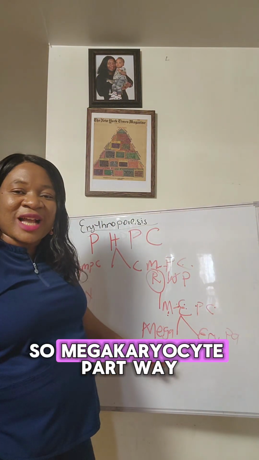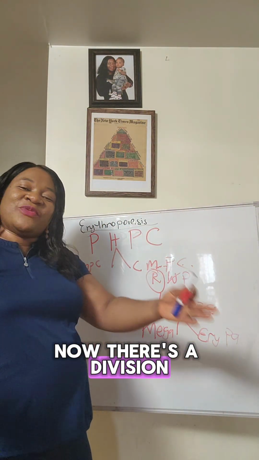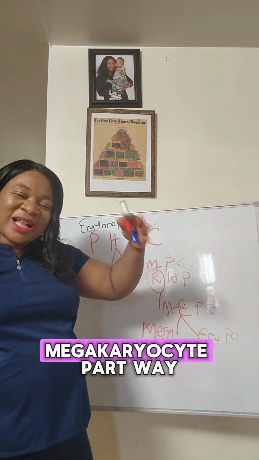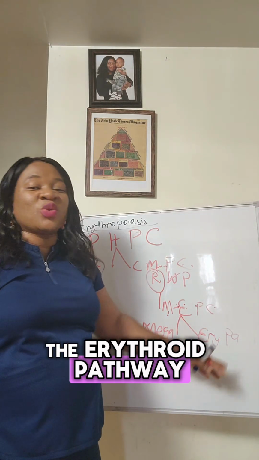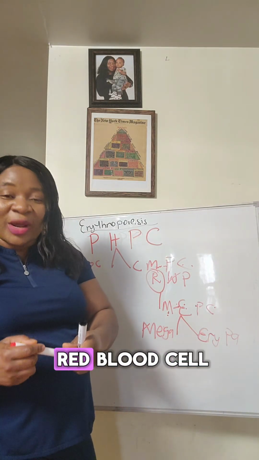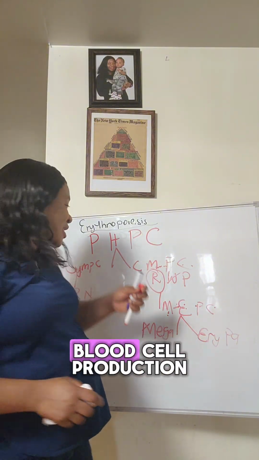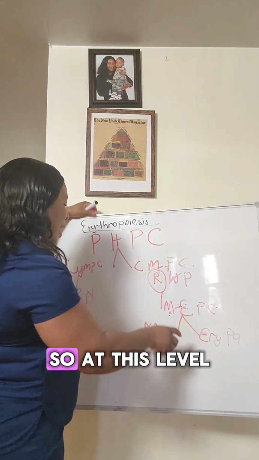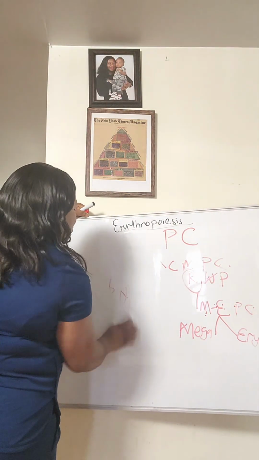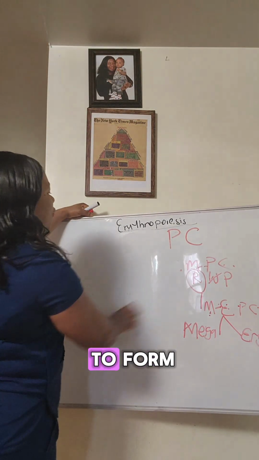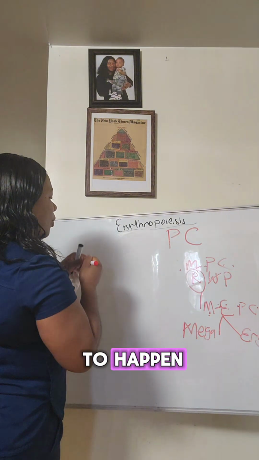So with the megakaryocyte pathway, now there's a division of states. The megakaryocyte pathway is going further to produce platelets. The erythroid pathway is going to produce red blood cell. This is about red blood cell production. So at this level of the erythroid pathway, two things are going to happen.